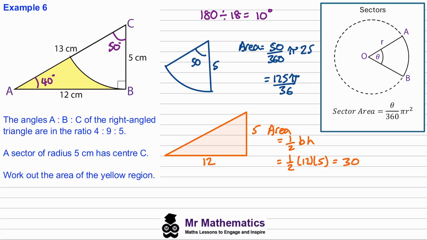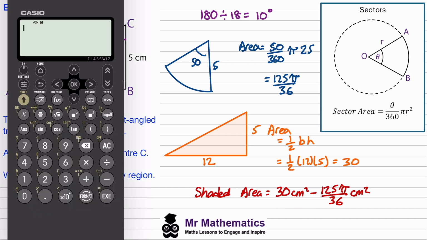So the shaded area will be the area of a triangle, 30 centimeters squared, minus the area of a sector, 125 pi over 36 centimeters squared.